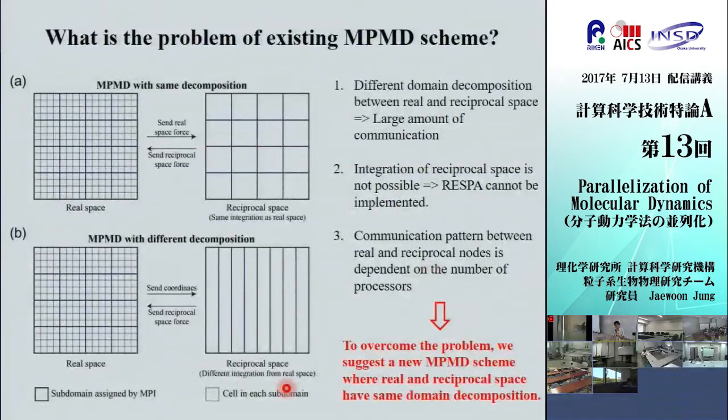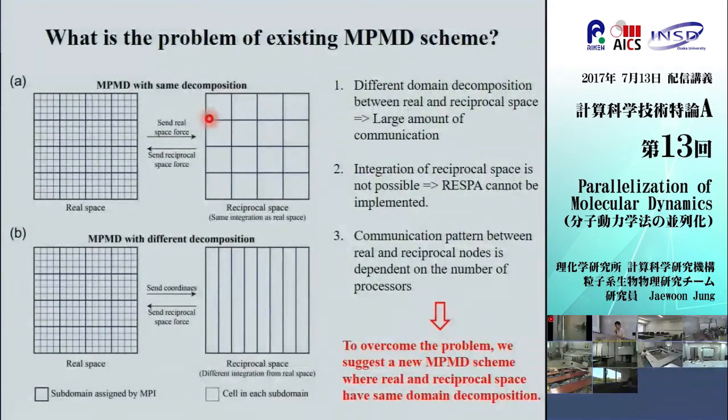But I thought that if we assign the same domain decomposition between real and reciprocal space, and if the processors involved in the reciprocal space calculation can also do the integration, then I found that multiple time-step integration could be available. So for this, you need the same domain decomposition between real and reciprocal space, and this space should also be involved in the integration.